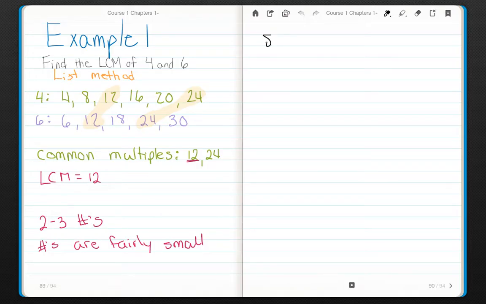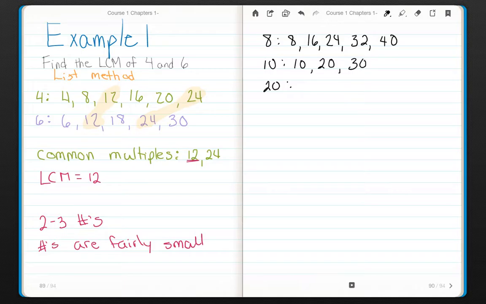I have 8, 10, and 20. So 8, 16, 24, 32, 40. Well, I know 40 is a multiple of 10. 10, 20, 30, 40, and 20, 40. There is my least common multiple using a list.